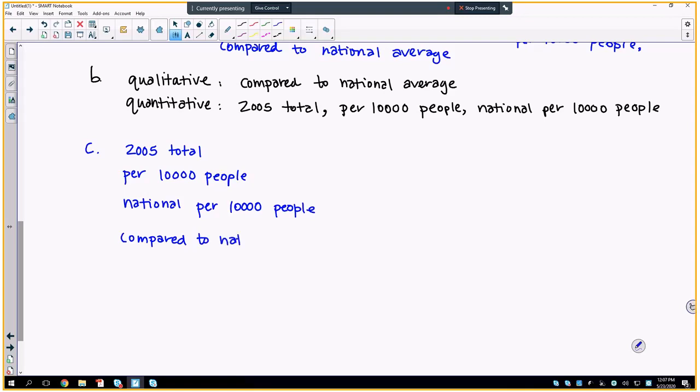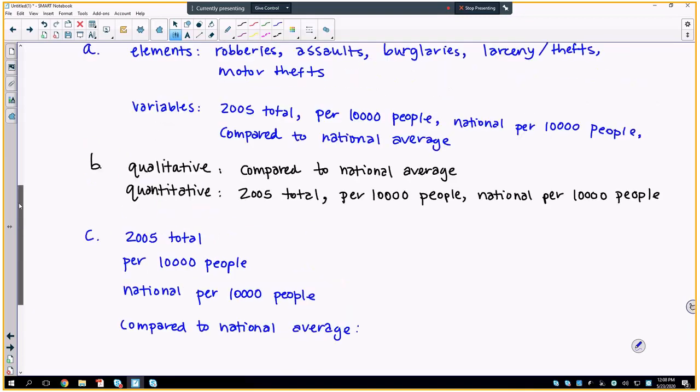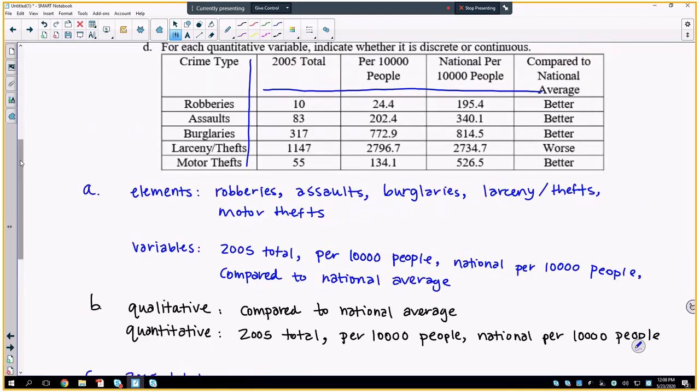Okay, so we have our variables. Let's first look at 2005 total: 10, 83, 317. These are our numbers. I could do subtraction, I think.